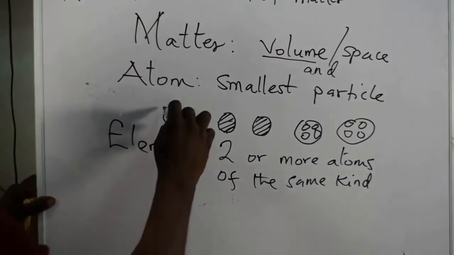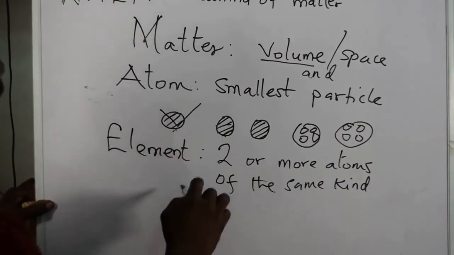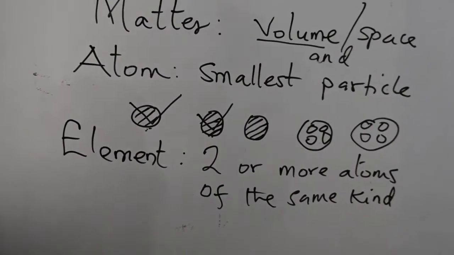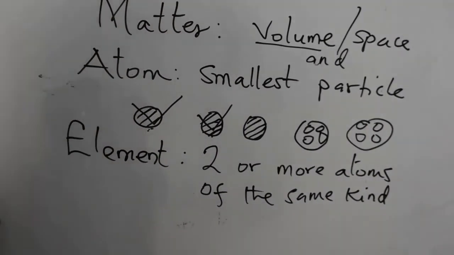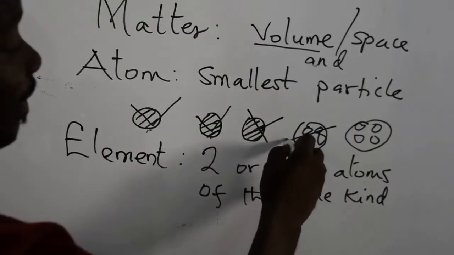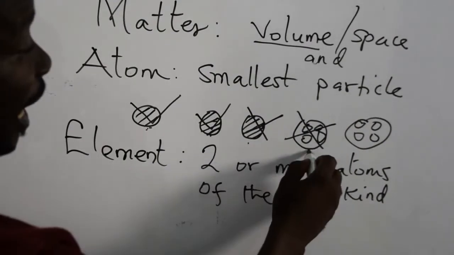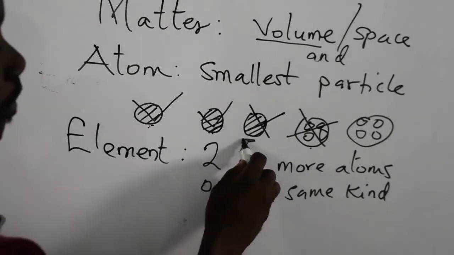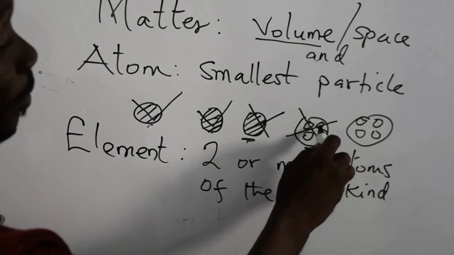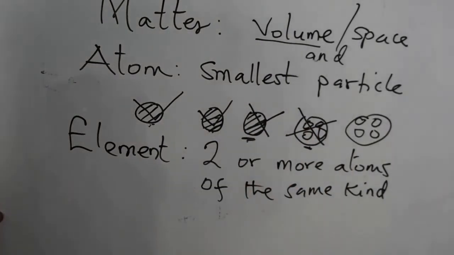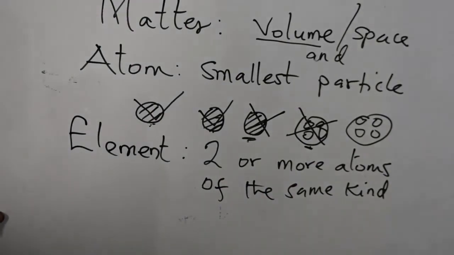So when I pick this atom 1 and I add this to it, it becomes an element. But note that if I pick this atom and then I add this to it, although these are atoms, that is not an element because they are not of the same kind. This is made up of circles and this, I have lines that have been slanted. Note that. So that's the definition.